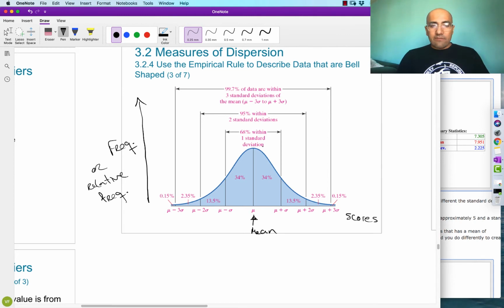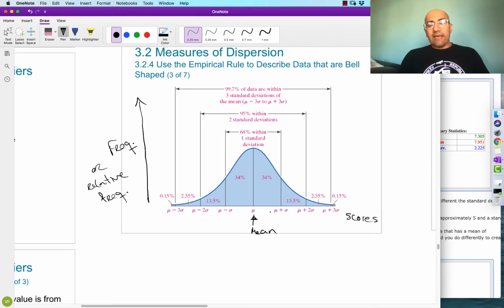Okay, but what we can see from this distribution is if the underlying distribution has a bell shape like this, then within one standard deviation, we find about 68% of our data. Within 2 standard deviations, we find about 95% of our data, and within 3 standard deviations, we find about 97.5% of our data.